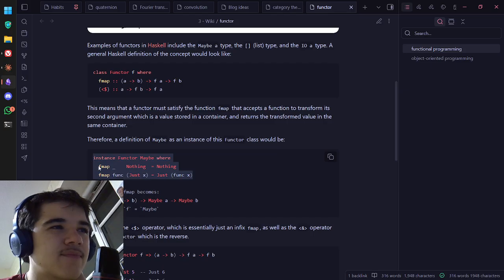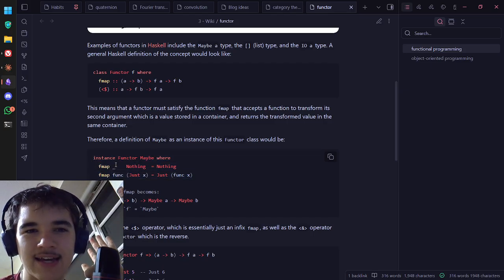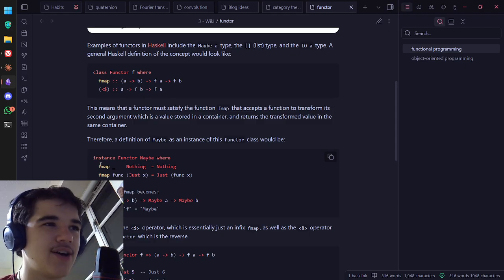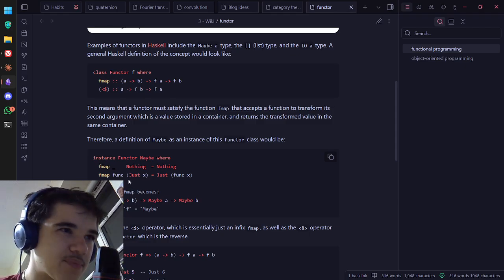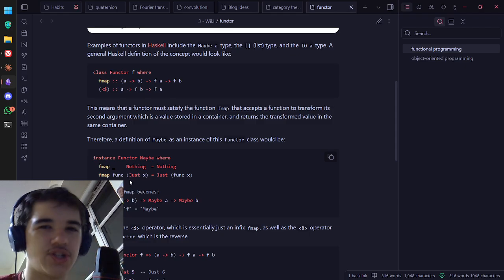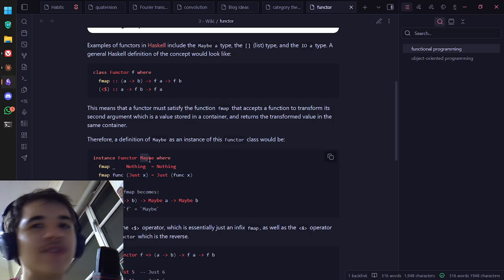A functor is a category. It's not a container; it's a category of functions, I think. Not functions, but morphisms, let's say.